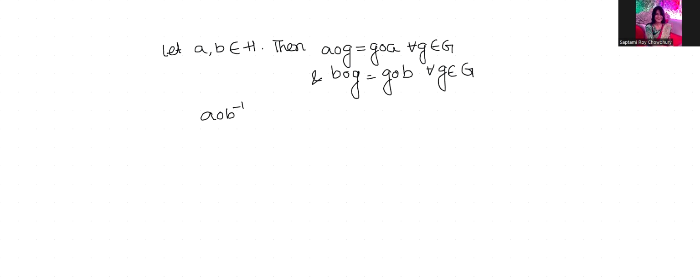So how will we check this? Now first write down a circle b inverse circle g. Now you know that it is commutative.